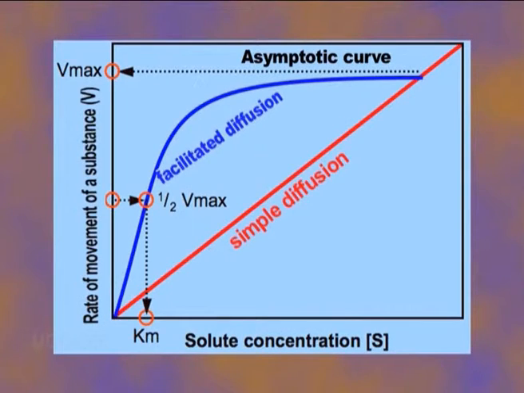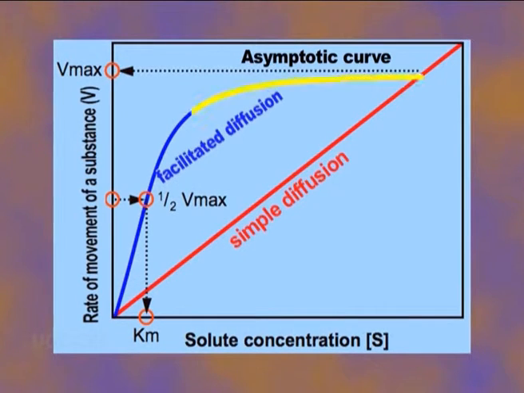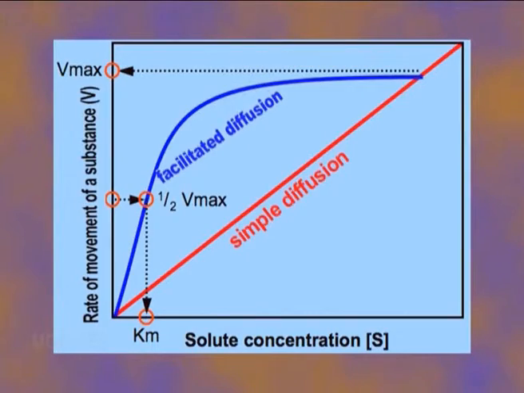According to Fick's law, the rate of movement of a substance is directly proportional to the concentration gradient, which holds for simple diffusion, but in the case of facilitated diffusion, saturation kinetics can be demonstrated. Here, plotting the graph of rate of entry versus concentration gives an asymptotic curve.